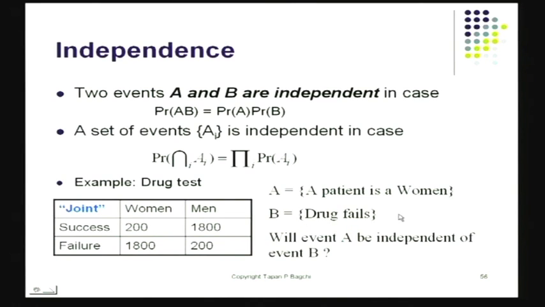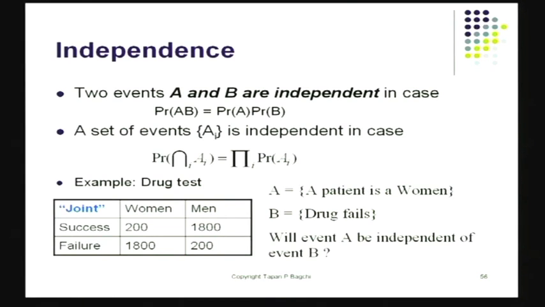And the chance of the drug failing, I go to the failure row and I find 1800 plus 200, that's again 2000. So I have basically got a count of how many women were there in the test, and also how many times the drug failed. That count also I have.